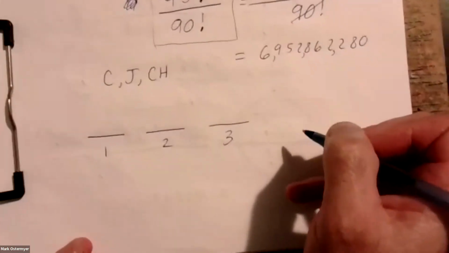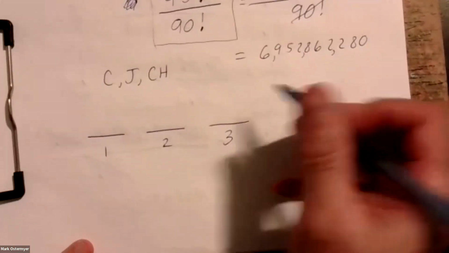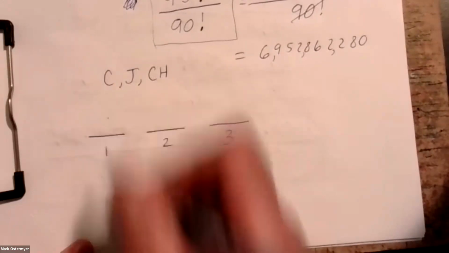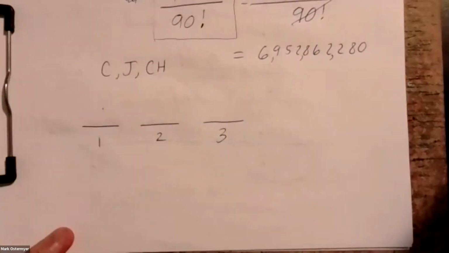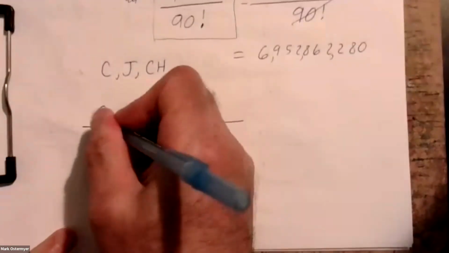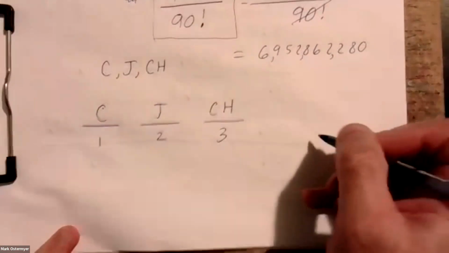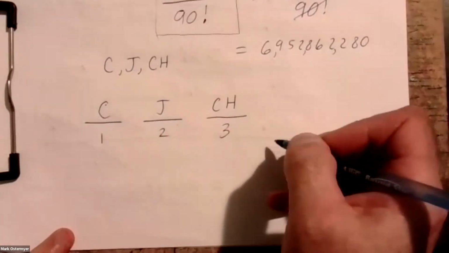Okay. One arrangement would be what? What was the first name again? It was Carmen. We could have Carmen in chair 1, Juan in chair 2, and Christina in chair 3. What's another possibility here?